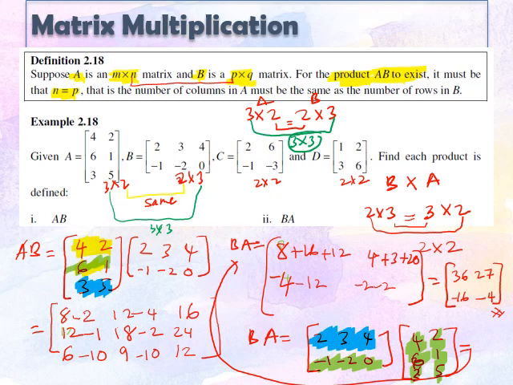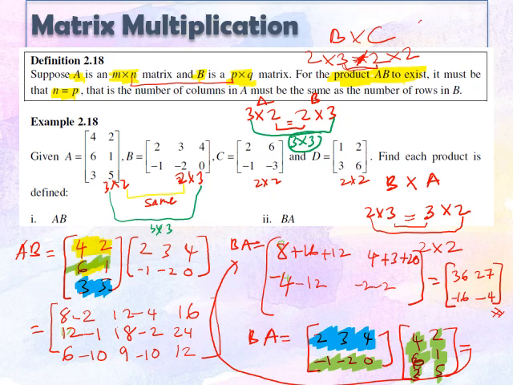How about B times C? B is 2 by 3, C is 2 by 2. So you see here, it's not the same. 3 is not equal to 2 here.